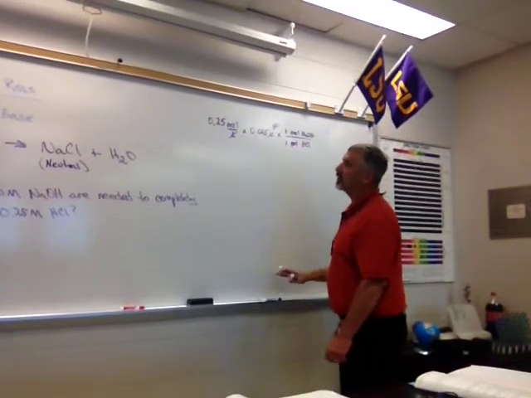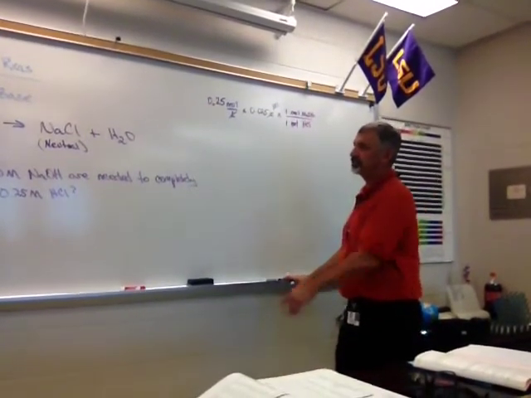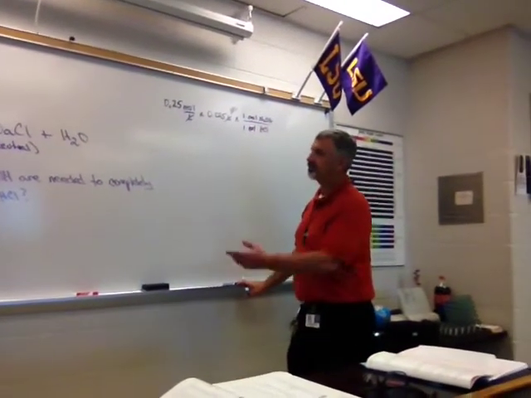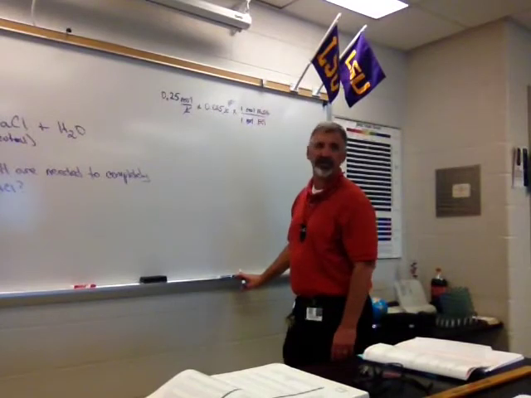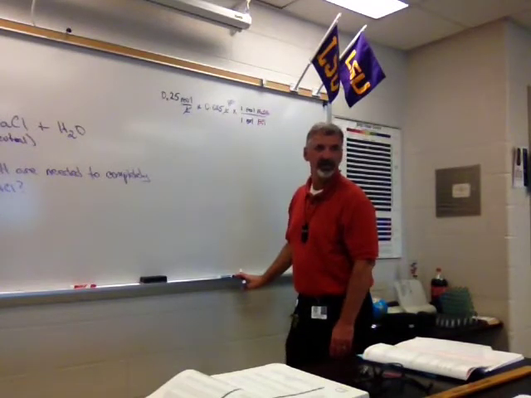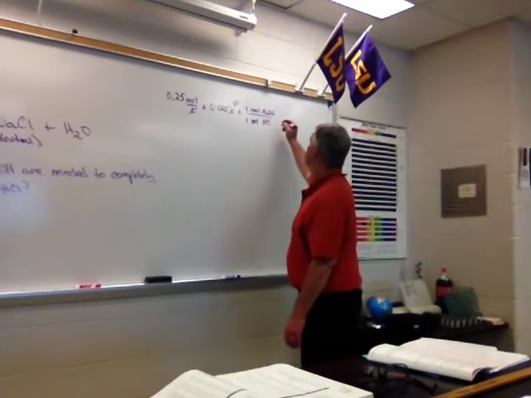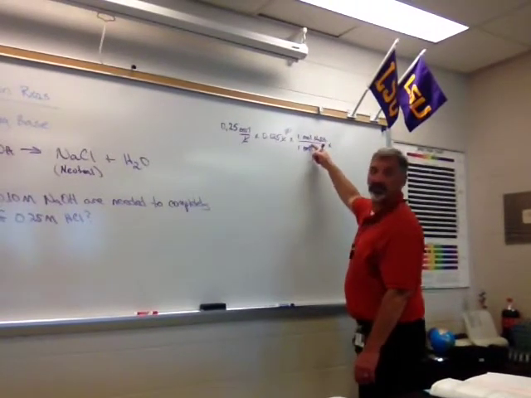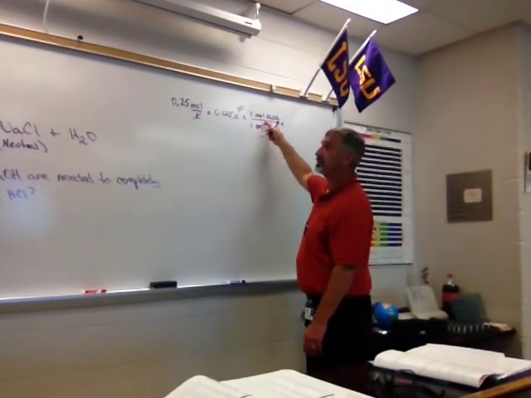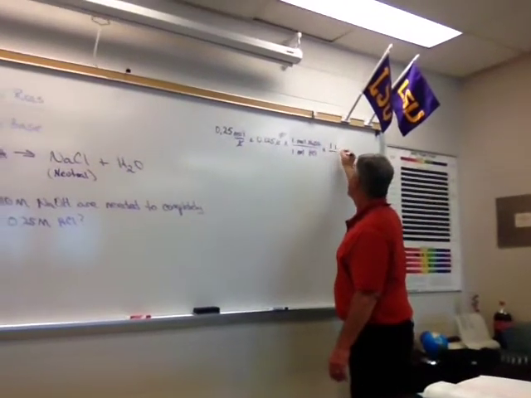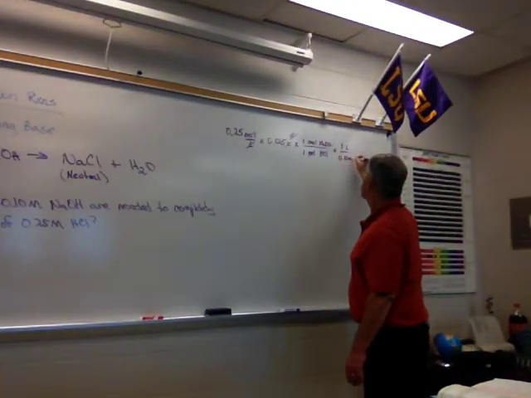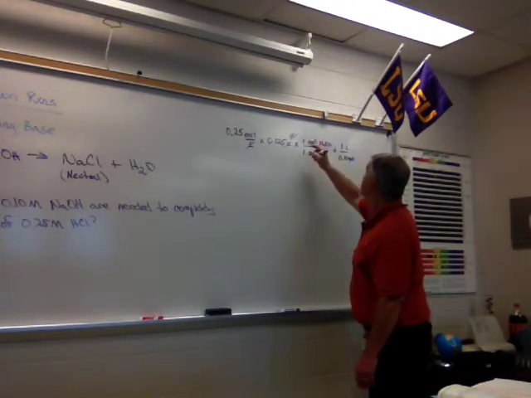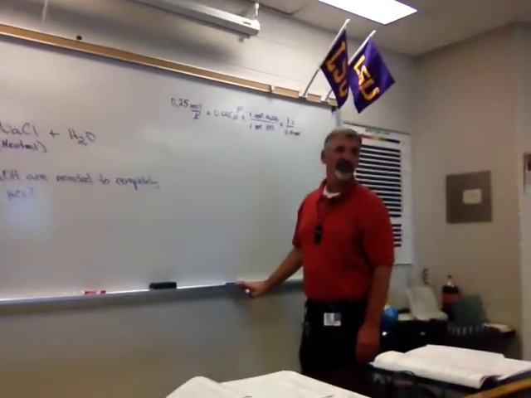So now how do I go to volume? I have molarity of NaOH. How do I find milliliters? I need moles on the bottom, right? So I'm going to say 1 liter over 0.1 moles. That's going to tell me how many liters of NaOH I need.